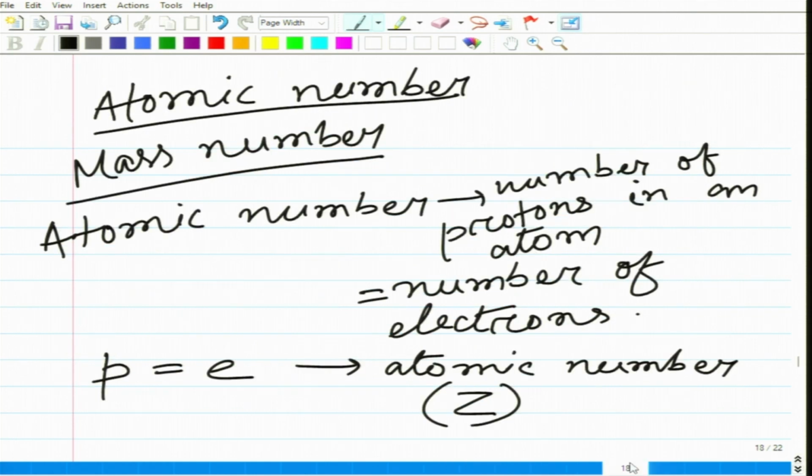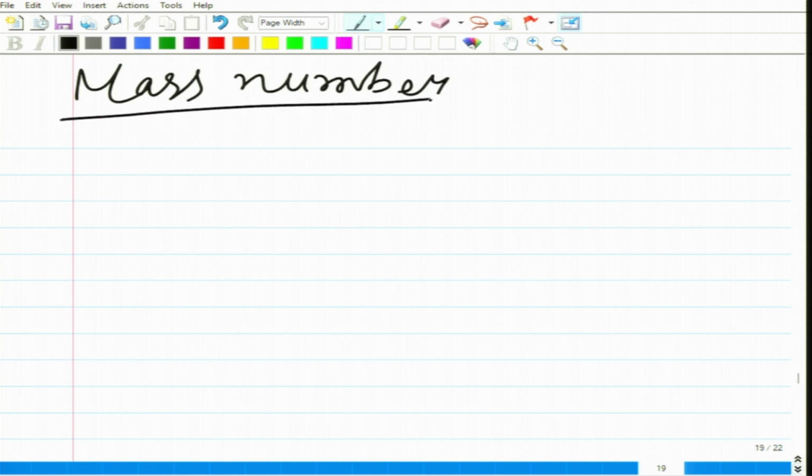And what is the mass number? See, the nucleus contains protons and neutrons.